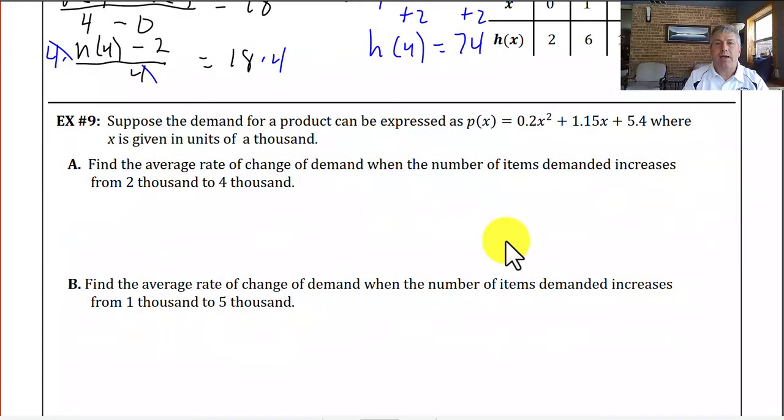In example 9, suppose the demand for a product can be expressed given this quadratic function, where x is given in units of thousands. Find the average rate of change of demand when the number of items demanded increases from 2,000 to 4,000. So we are going to need P of 4, and we're going to need P of 2.